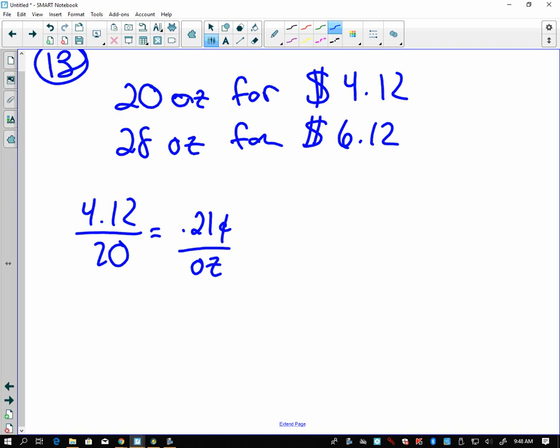Okay? And then what's 6.12 divided by 28? 0.218. So 0.22 per ounce. Which one's the better deal? 20 ounce. Okay? All right.